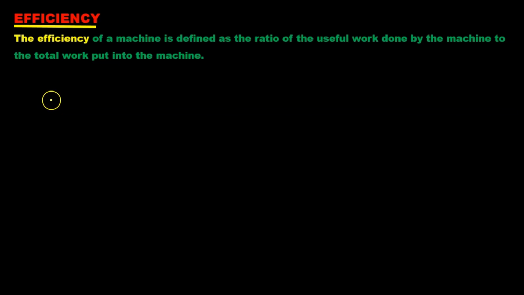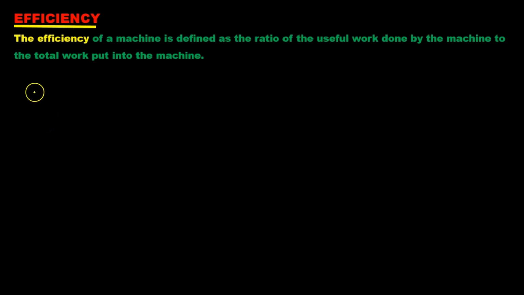According to simple machines, efficiency is the ratio of useful work done by the machine to the total work put into the machine.